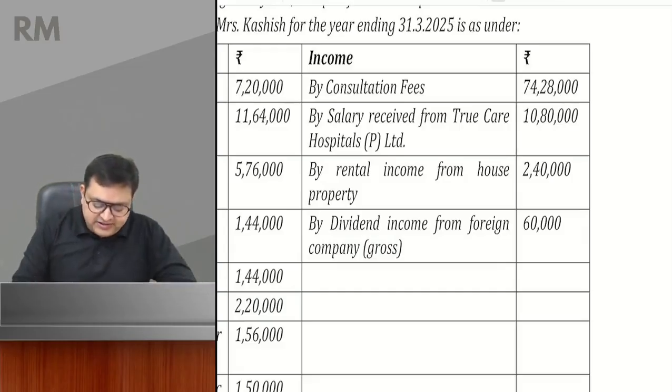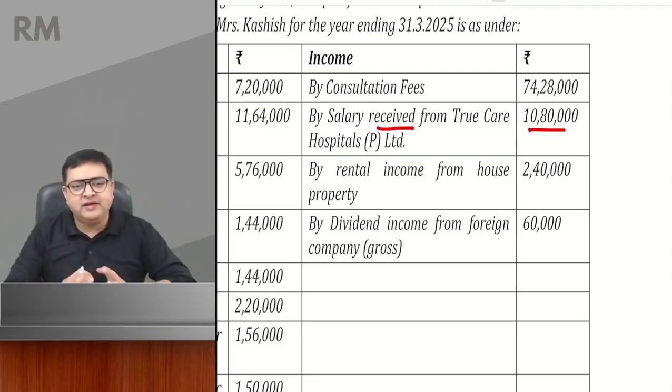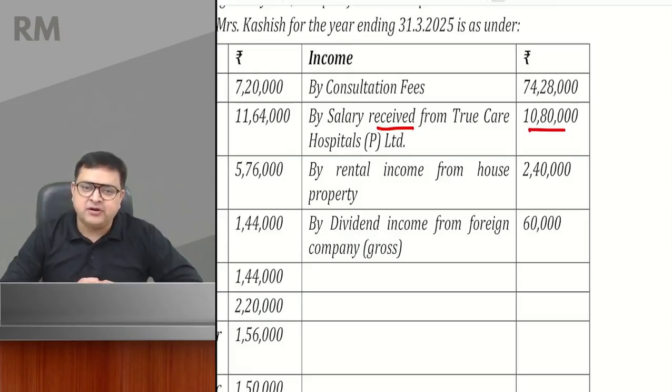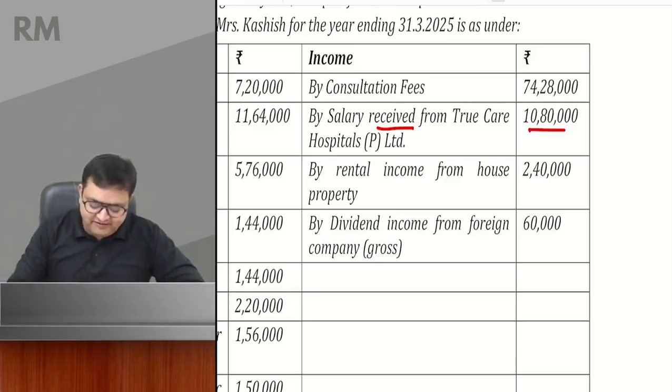Perfect. And she has received this salary. Tell me, is it a computed salary or is it a gross salary? Computed means, should you give standard deduction from it or is it already done? Very good. It is a gross salary. Why?